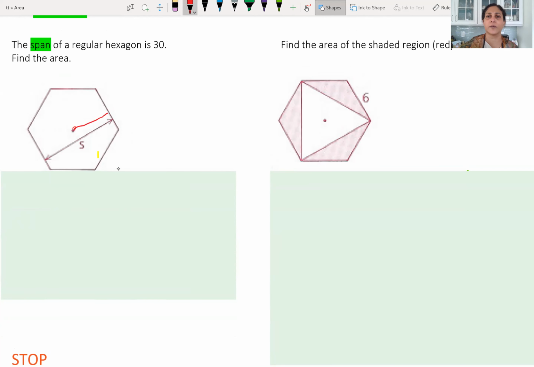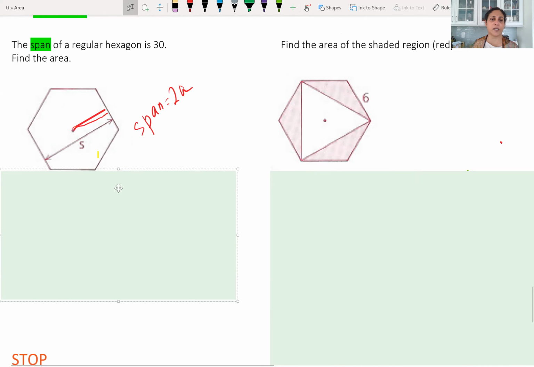So that is the apothem. That means the span is equal to 2 times the apothem. So if you want to find the span, you have to find the apothem and multiply it by 2.